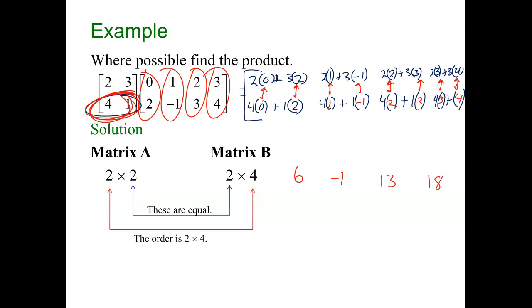4 times 0 plus 1 times 2. 4 times 1 plus 1 times negative 1. 4 times 2 plus 1 times 3. 4 times 3 plus 1 times 4. 16.